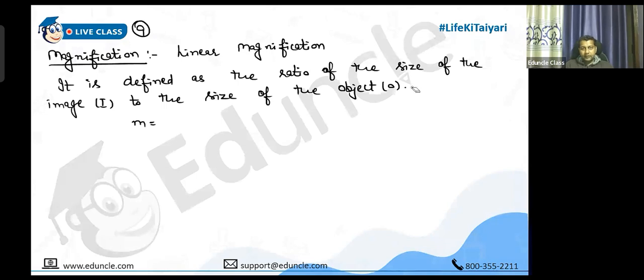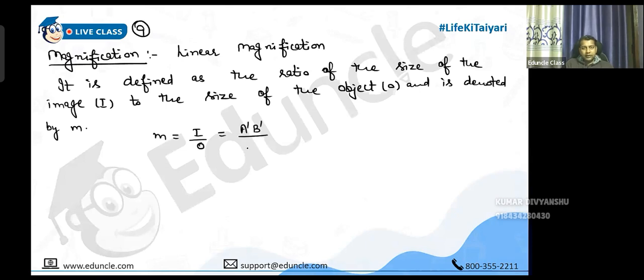It is denoted by m, and generally the image is denoted by A dash B dash and the object is denoted by AB.